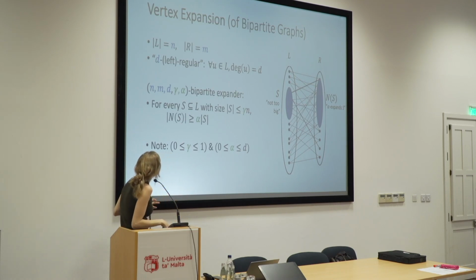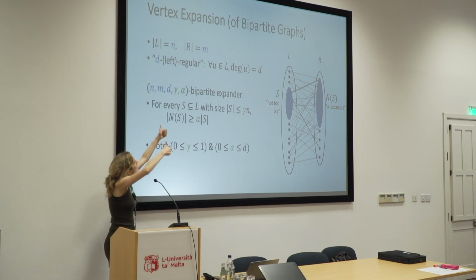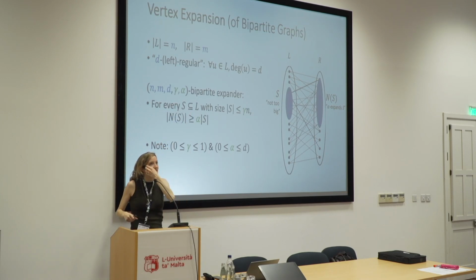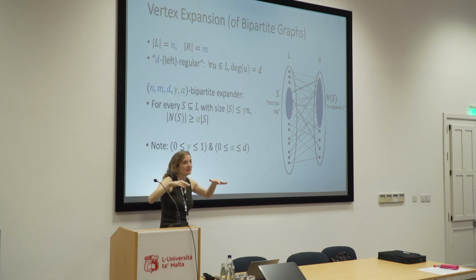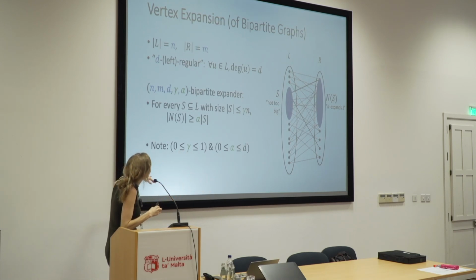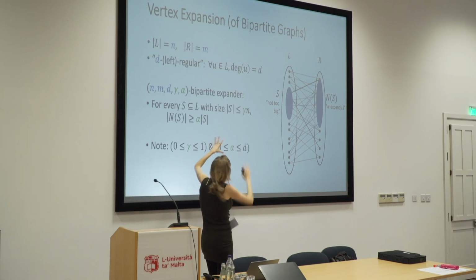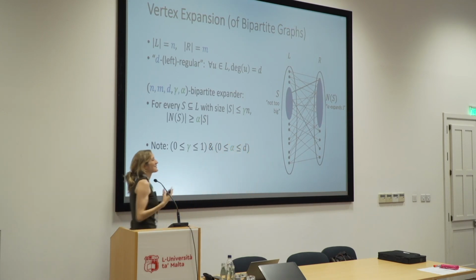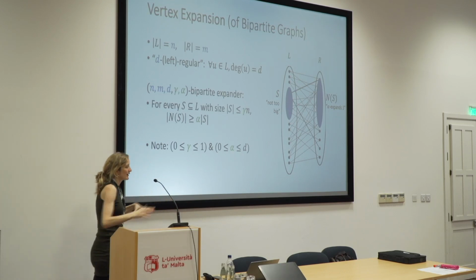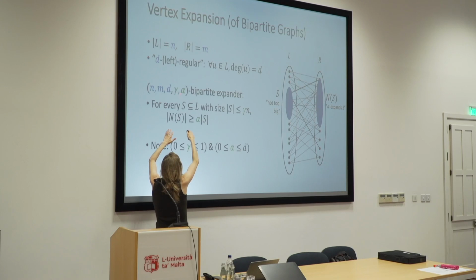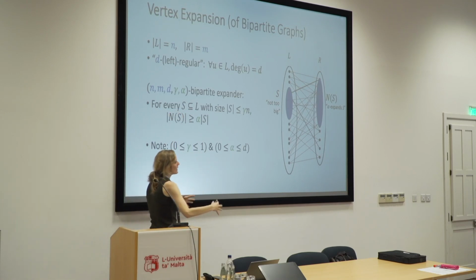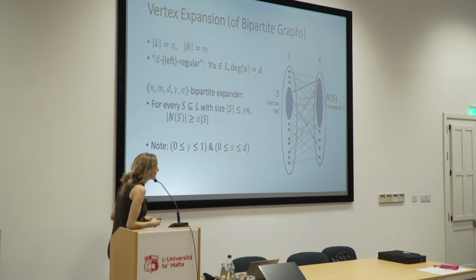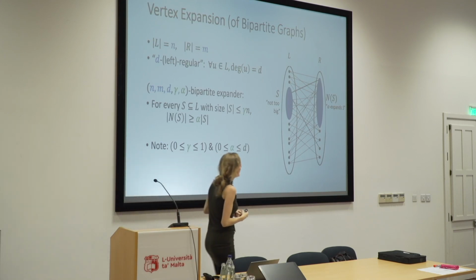Another question. Do we want big or small gamma and alpha? Say I fix everything else and I increase gamma. Is that good? Let me clarify the question. Suppose that I have a graph that is gamma, alpha, and now suppose that I have another one that also holds for a bigger gamma.